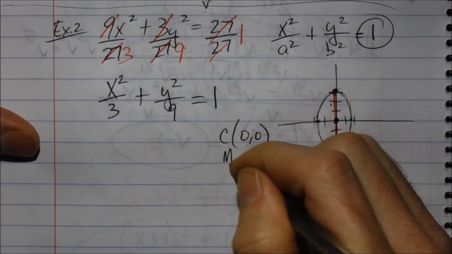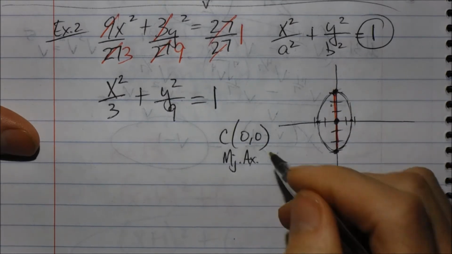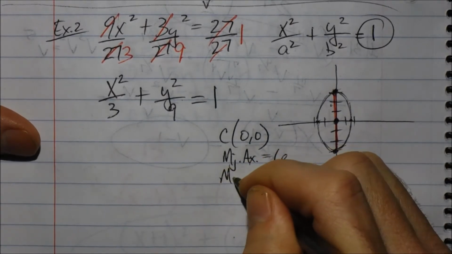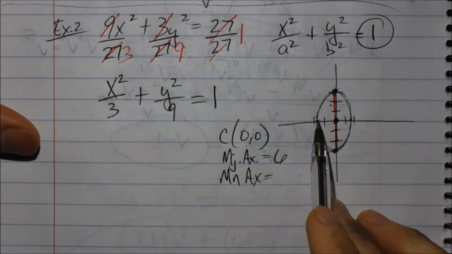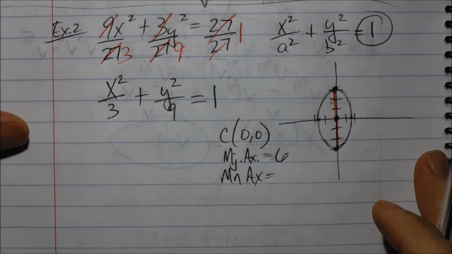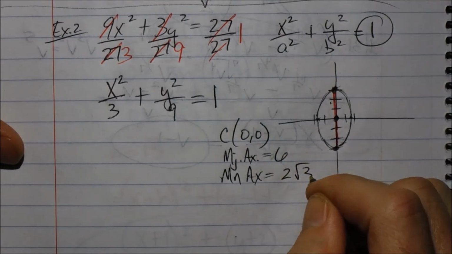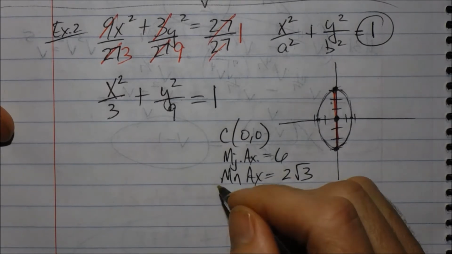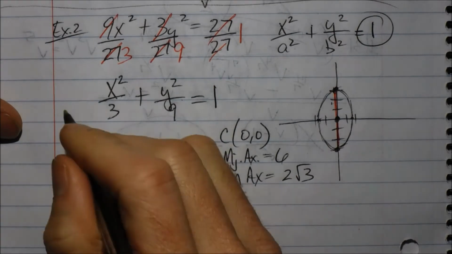The major axis is 3 and 3, so 6. The minor axis was the square root of 3 and the square root of 3. Root 3 plus root 3 is 2 root 3. The only thing we need now is those foci, which again has everything to do with c. We need that c value.